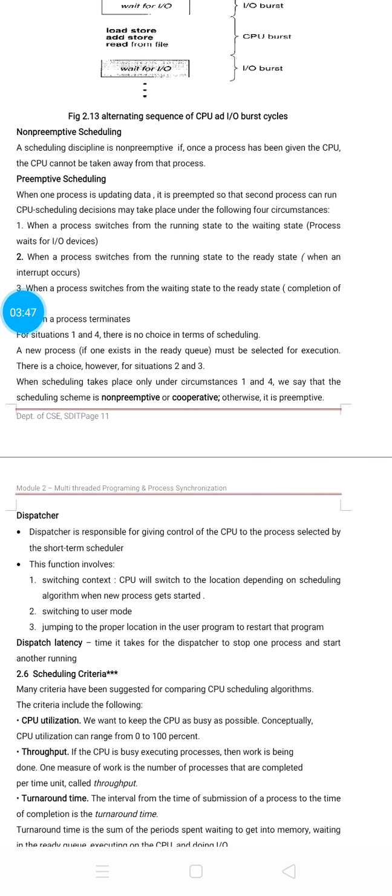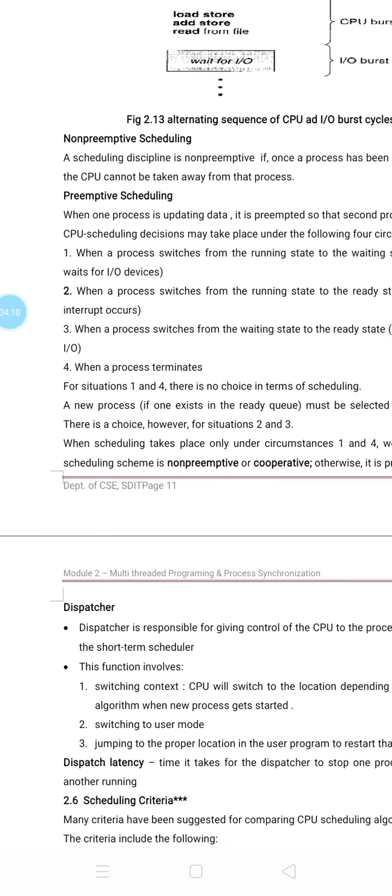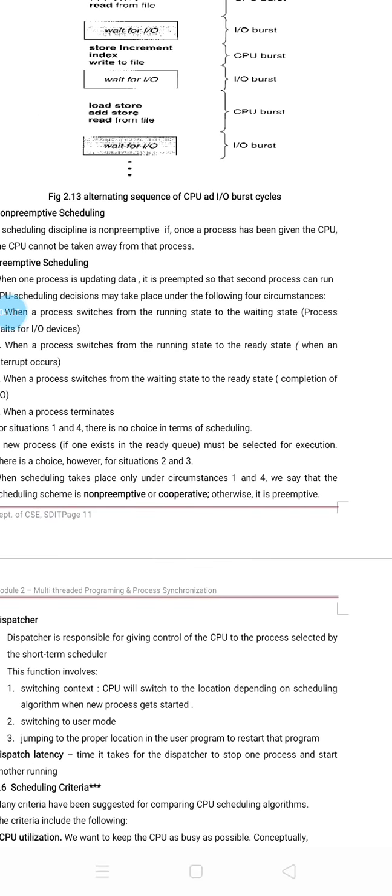Whereas in the case of preemptive, it is possible to preempt. So when a process is updating data, it is preempted so that a second process can run. You might have a process which is updating some data, and in between you can stop that and give the control to the next process.